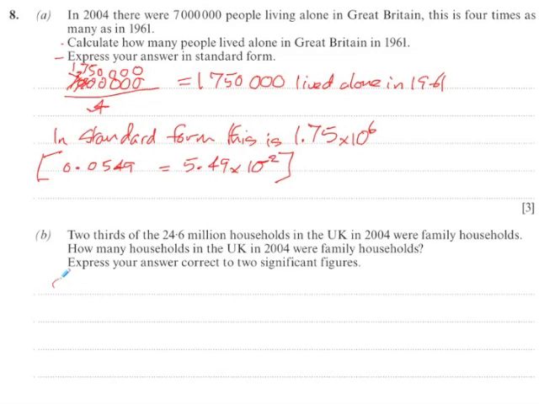So let's start with that. 24.6 times 2/3. Again, simple maths. 3 into 24 goes 8. Into 6 goes 2. So it's equal to 8.2 times 2, which is 16.4.